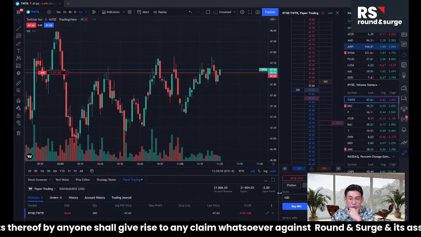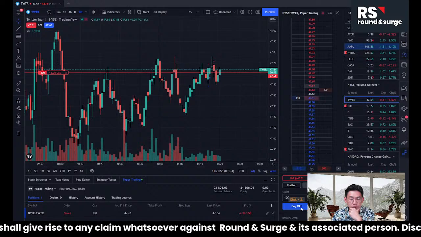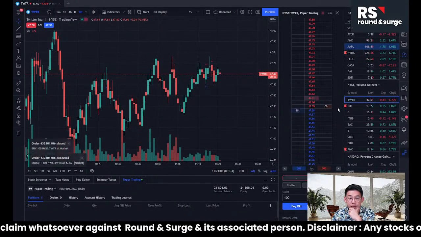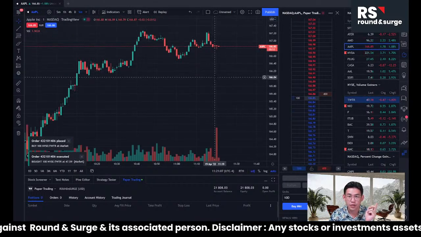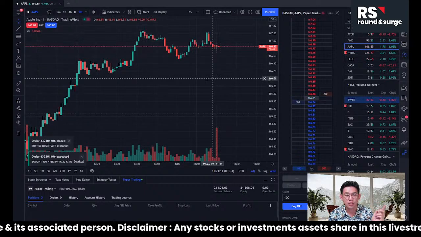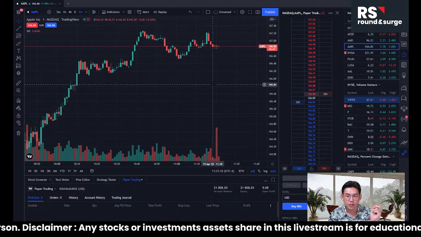So what I'm going to do is close my Twitter short, so I'm going to break even to get out, because I find Apple is actually quite interesting here. A very high volume comes in, but the price is not going anywhere. It just stays about the same.